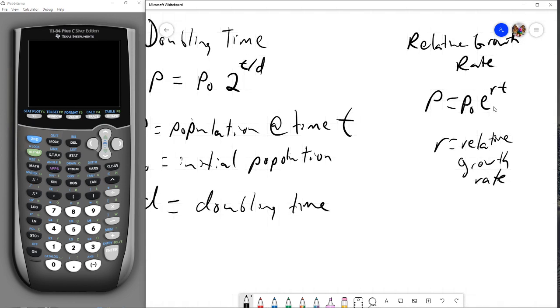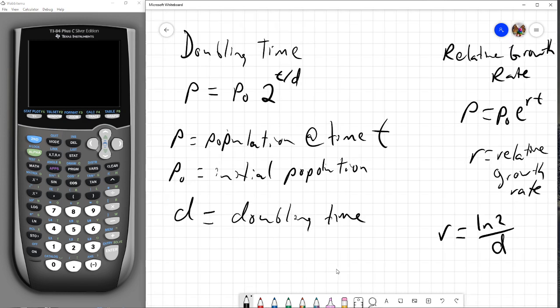Whereas when we have an e to the rt, r is just the rate of growth, and it reinterprets this growth not in terms of how often our population doubles, but continuously for every moment. So it's two different ways of interpreting the same phenomenon, and you can use either. And the relationship between doubling time and r is r will equal natural log of 2 over our doubling time.